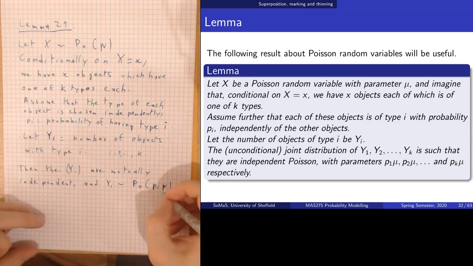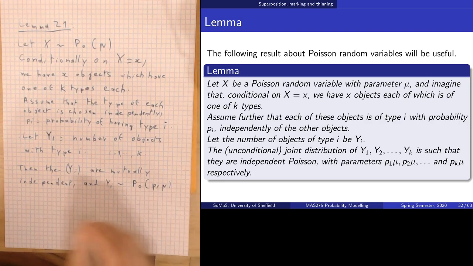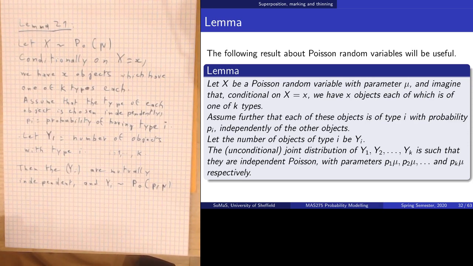So this may be a bit surprising. Actually, I wouldn't be surprised if you've done an exercise like that last year or in your previous probability course, because it's a very nice property of the Poisson distribution, and it does come in useful.